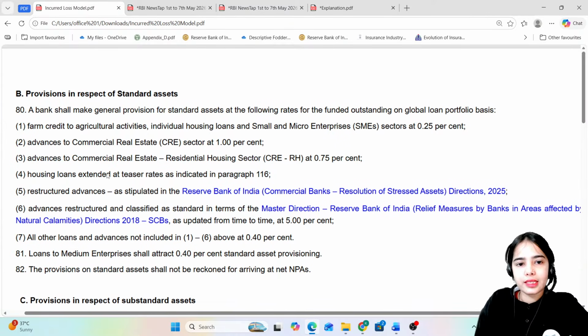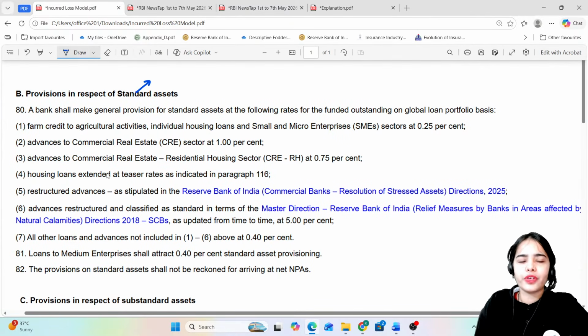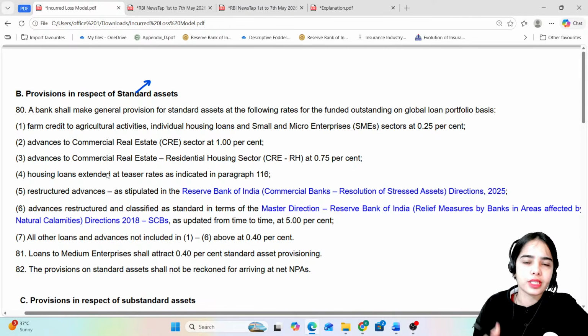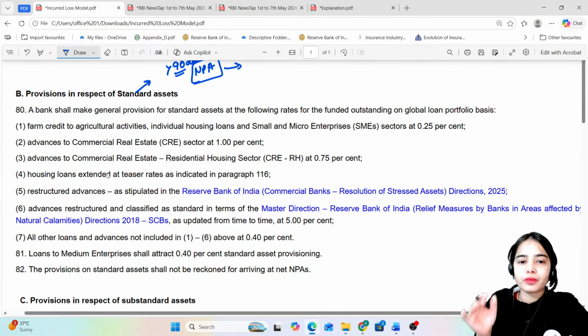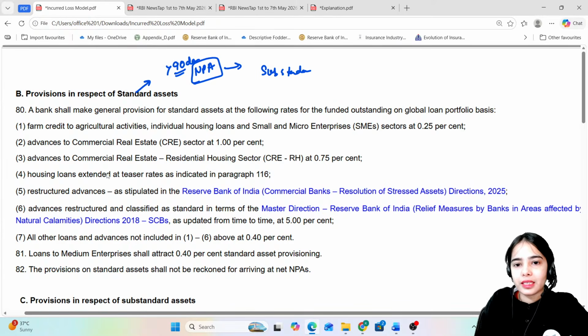The standard assets are the assets where the standard payments are happening: the interest is coming, the EMI is coming, the principal payments are coming, so every payment is happening smoothly. For an NPA, the payment is overdue for more than 90 days, so the loan will be considered NPA. The loan will come under the substandard category if it has been NPA for up to 12 months.